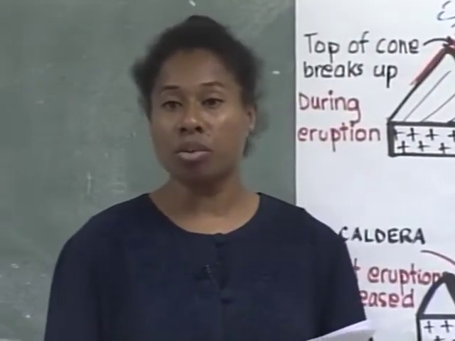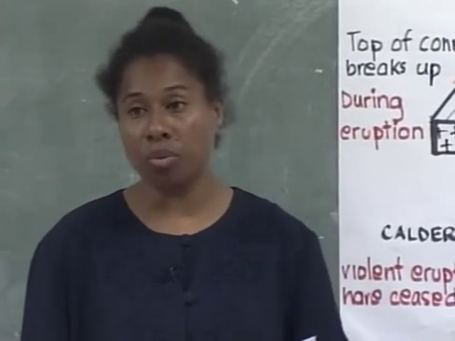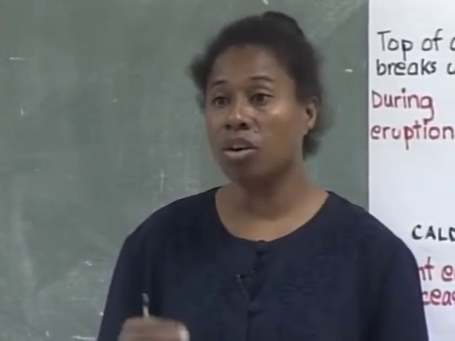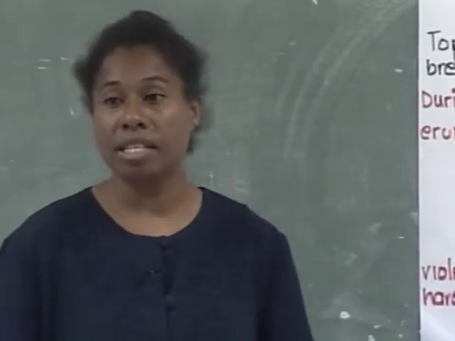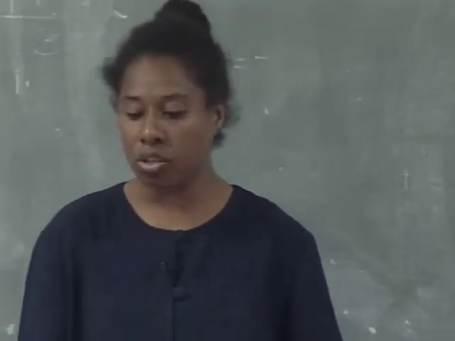But we can also have, in a shield volcano, a steep-sided volcano which is made up mainly of lava which is rich in or has a high content of silica. But the main point that we should have for a shield volcano is that it is generally a volcano made up of layers of solidified lava flows.